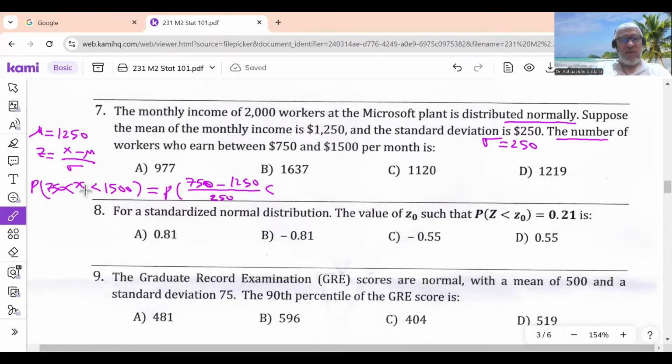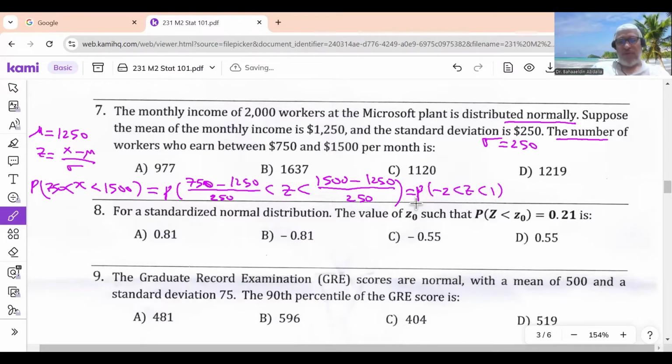Less than, now X minus mu over sigma is Z. And here also we have 1,500. We subtract from mu and we divide by sigma. Putting this in the calculator, we will find that 750 minus 1,250 will give you here -2 and here 1.